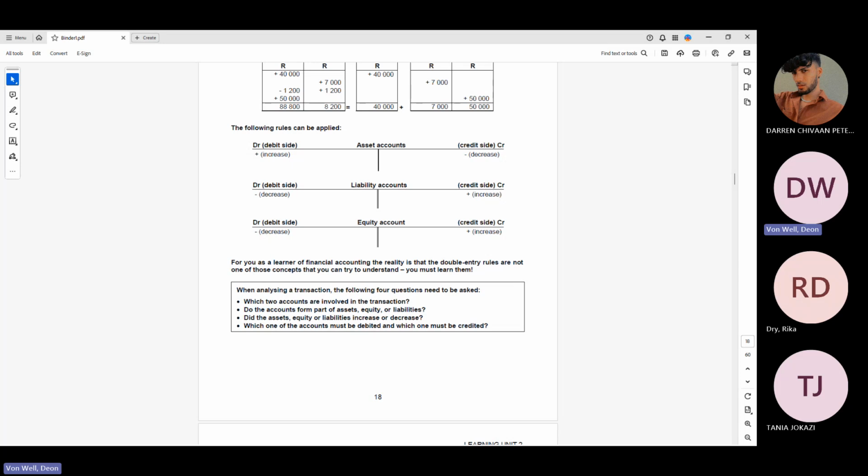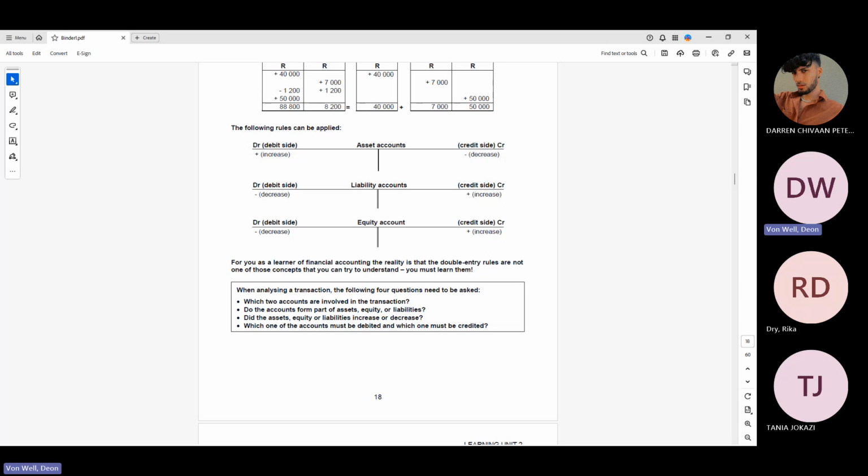When I get to liabilities, loans, mortgages, creditors, my trade payables, they have credit balances. And with them, when they increase, I will credit them. When they decrease, I will debit them.